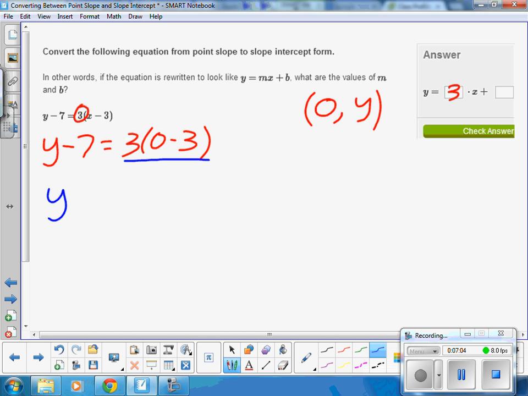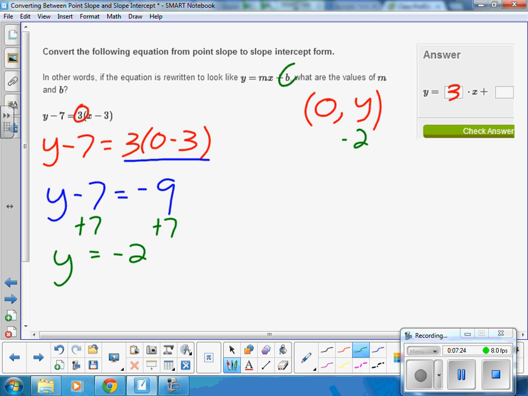So I have y minus 7 is equal to a negative 9. I have to then add 7 to both sides. So I get y equals a negative 2. Y is a negative 2. My intercept is a negative 2.